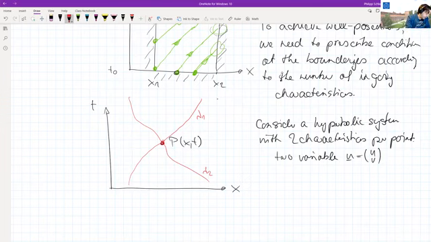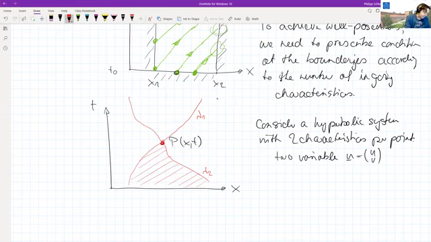Now, what you can see from this is that it's actually quite interesting to understand that the region the solution at the point P depends on is only this hatched area.